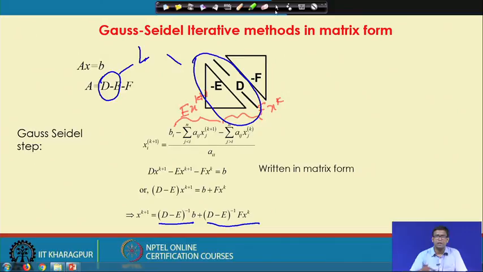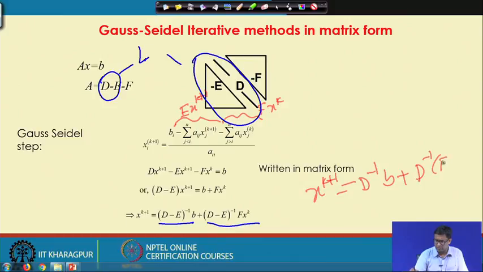For example, earlier we got D inverse (E plus F) x_k. In the Jacobi method we got the step to be x_(k+1) is equal to D inverse b plus D inverse (E plus F) x_k, and the requirement for this is that D cannot be a singular matrix.